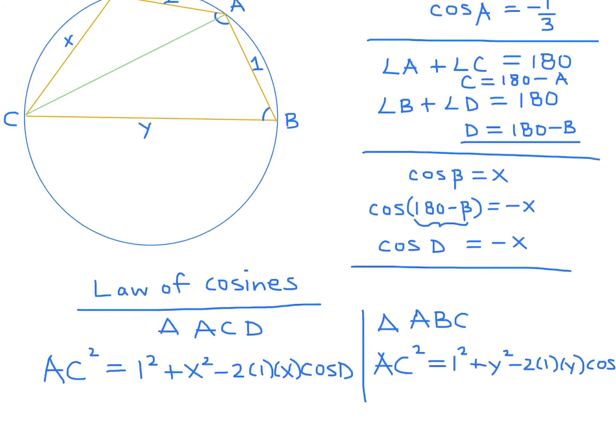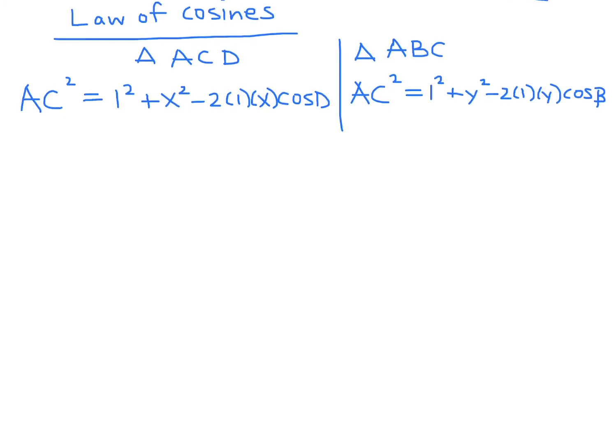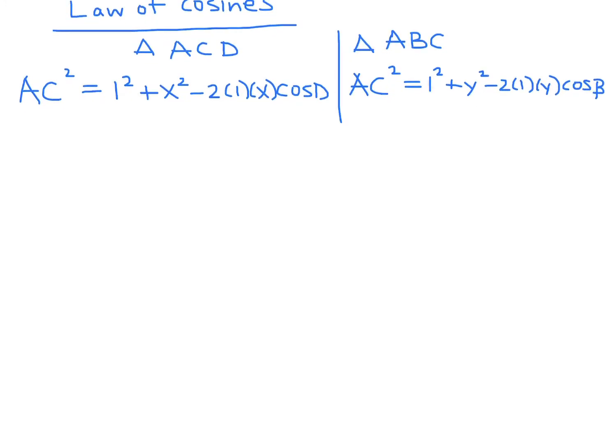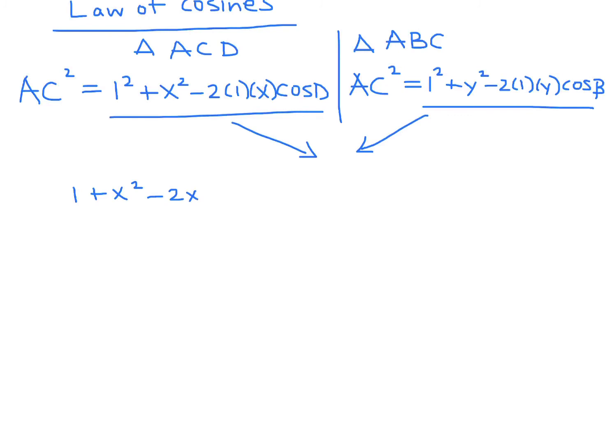All right? So let's move this up now and let's work with these two. We have AC squared is equal to this whole thing, and AC squared is equal to that. So this must be equal to that. So we can set them equal to each other. 1 plus x squared minus 2x cos D is equal to 1 plus y squared minus 2y cos B.